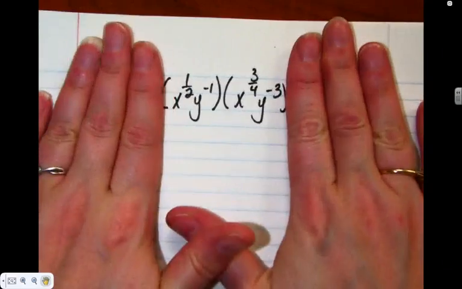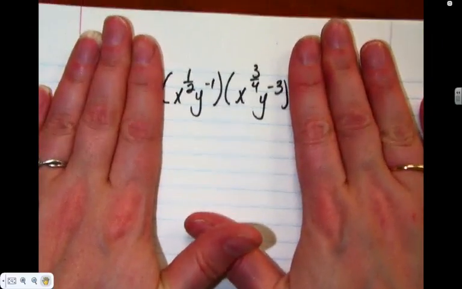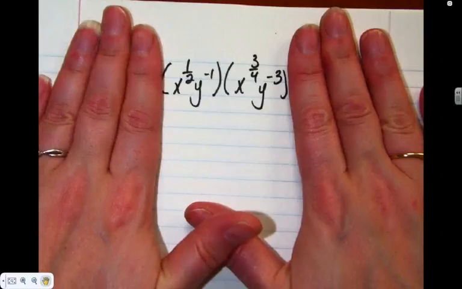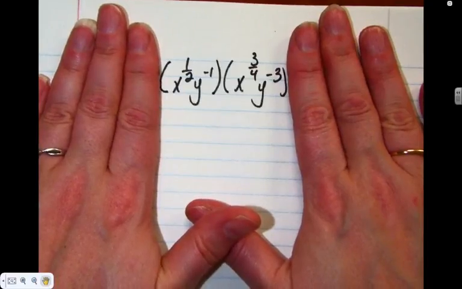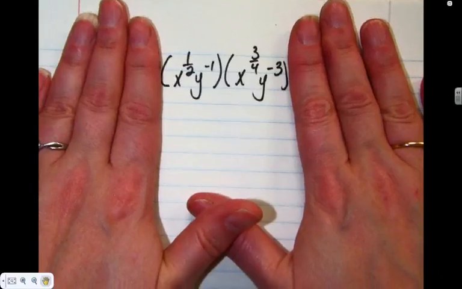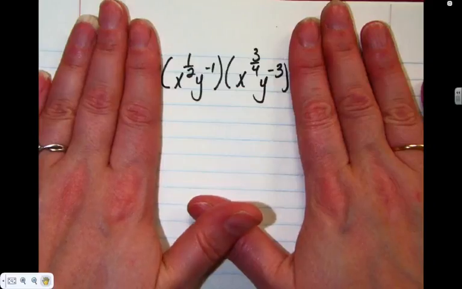I'm going to take away those outside brackets, and I'm going to take away the 2. I just want you to look at what's inside. What example does this look like? It looks like 4. What did we do in example 4? We put them together. We wrote the x's together and the y's together, and then we combine.